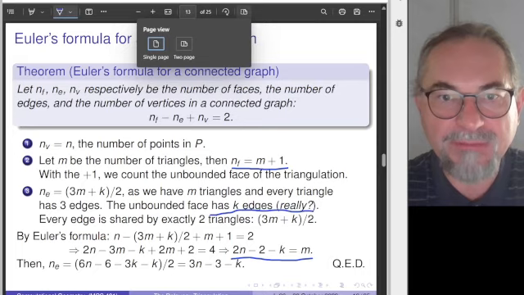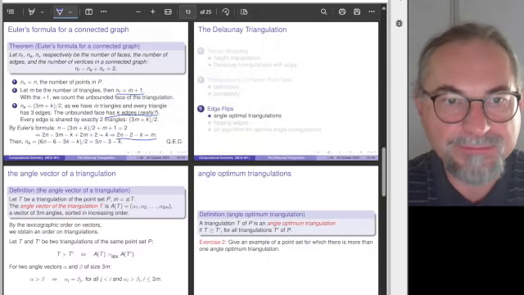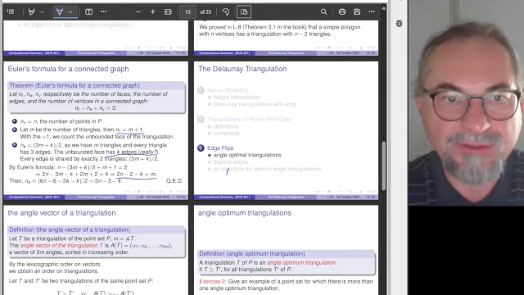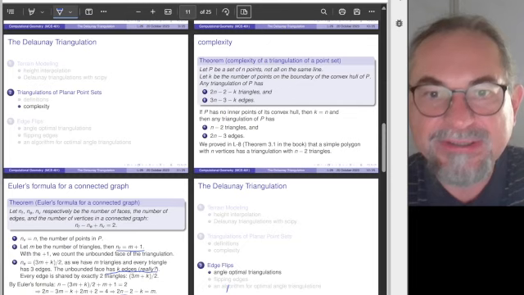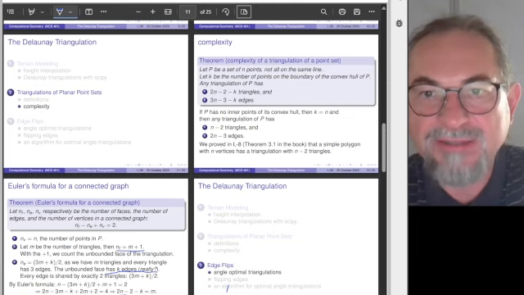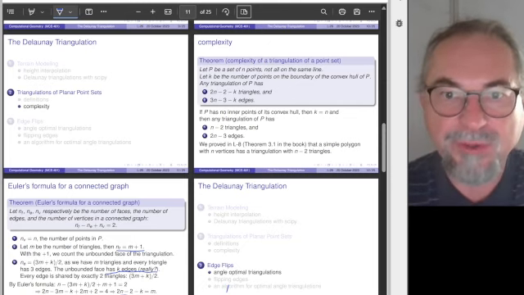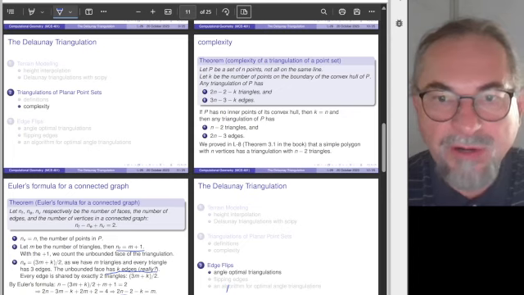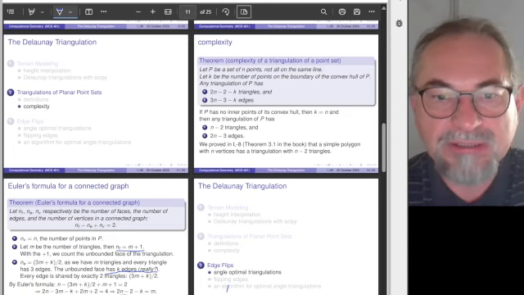Perhaps let me go to a two-page format if that is possible. Yeah, actually it's not. So here you see the statement. k is the number of points on the boundary of the convex hull, also the number of edges, if you remember convex hulls. So what we wanted to prove is that we had 2n minus 2 minus k triangles.